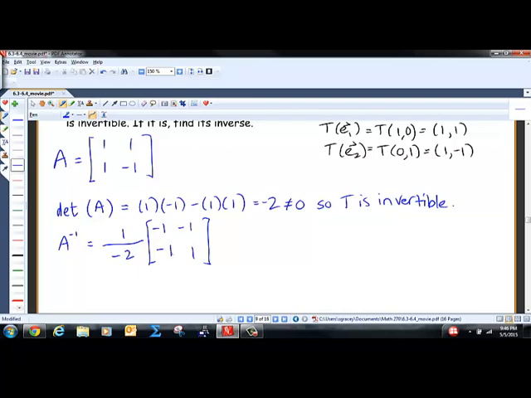And so we will get, at the end of the day, positive a half, positive a half, positive a half, and then negative a half. And we're done.